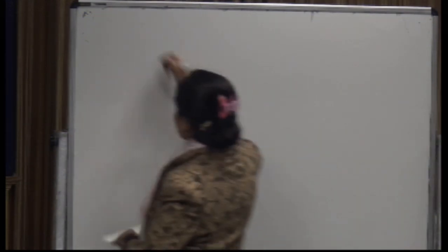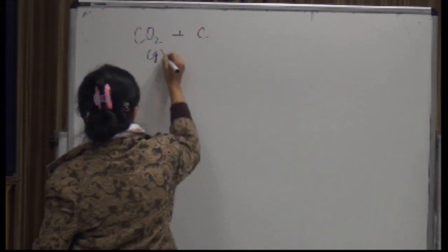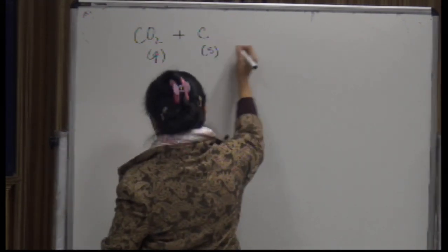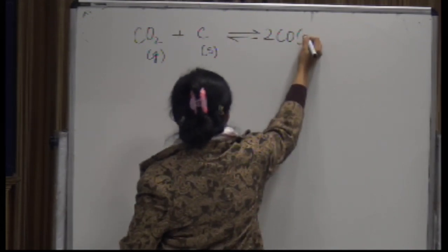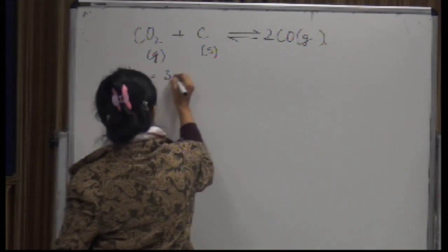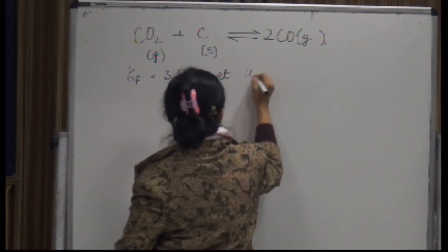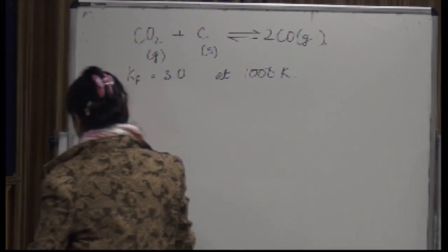I am writing it on the board. For carbon dioxide plus carbon. Carbon dioxide is in gaseous state. You have carbon in the solid state giving 2CO gas. I have told you that the Kp value that is given is equal to 3.0 at 1000 Kelvin for this reaction.